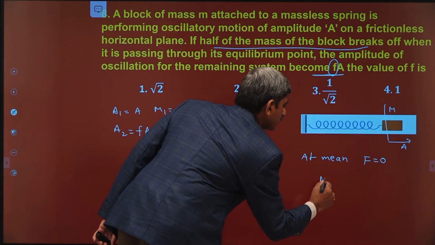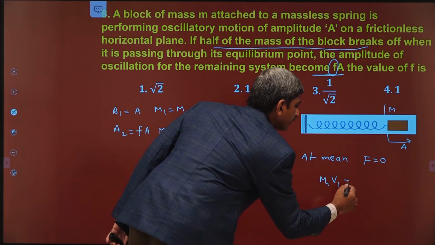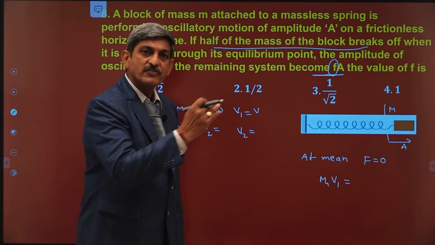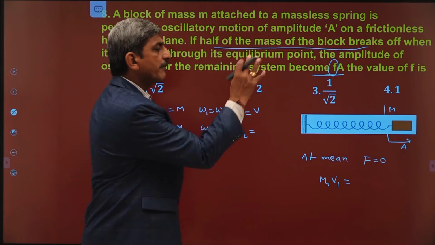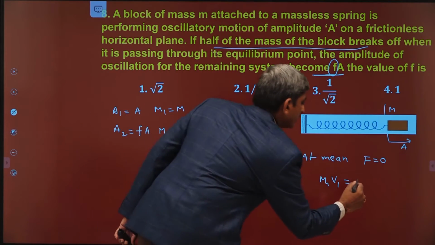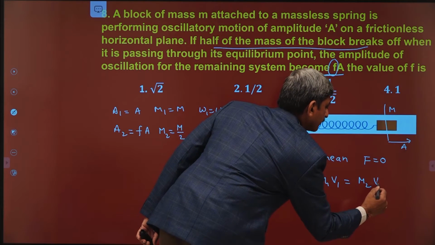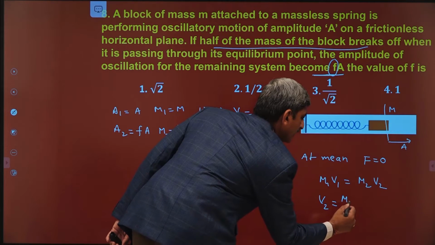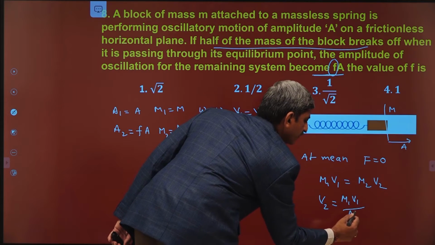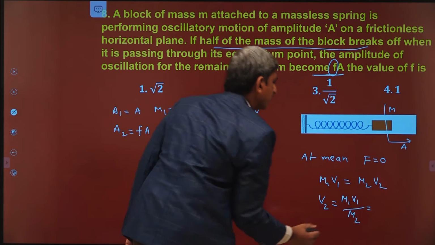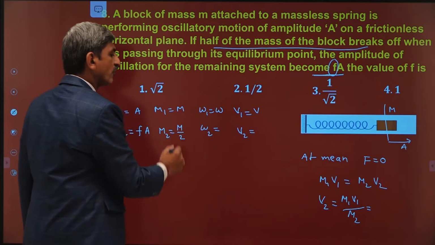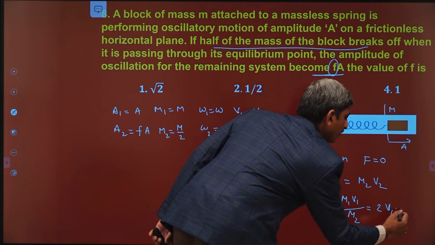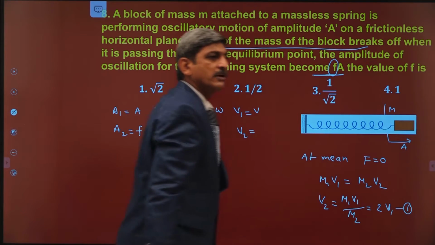That's why momentum is equal to m1 v1. After breaking, only half of the mass is making oscillations and the remaining mass is left free. That's why m2 v2. From this we can write v2 is equal to m1 v1 divided by m2. It is given that m2 is equal to m1 by 2. By substituting that, it becomes v2 is equal to 2 v1. Let it be equation number 1.